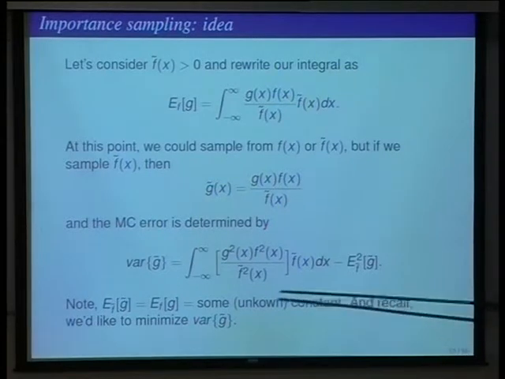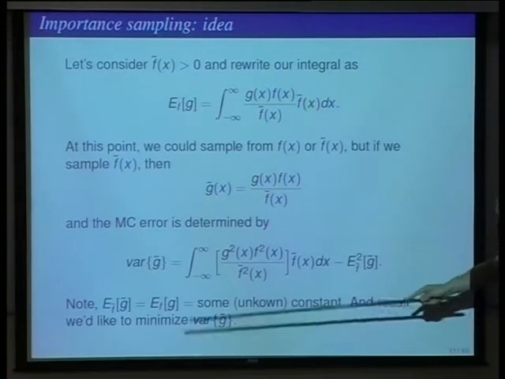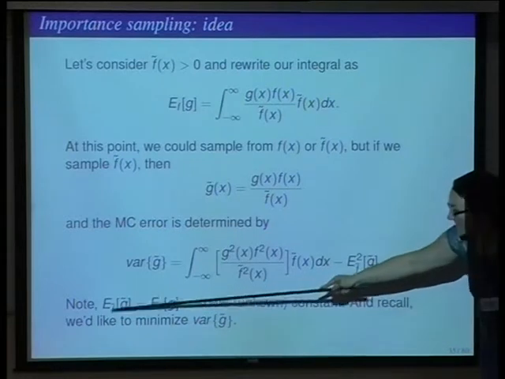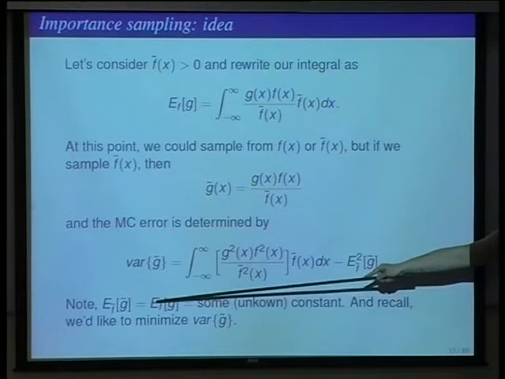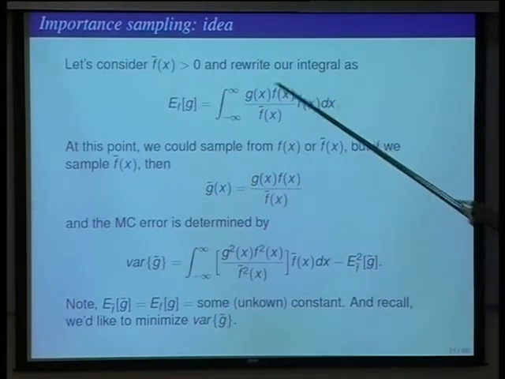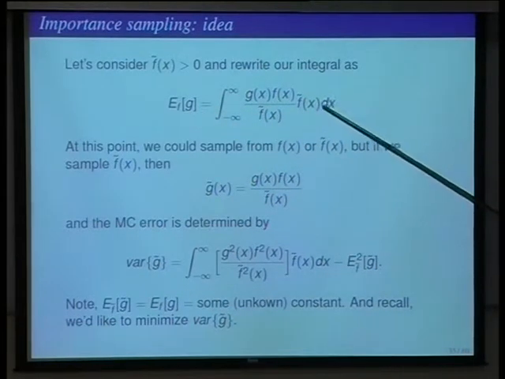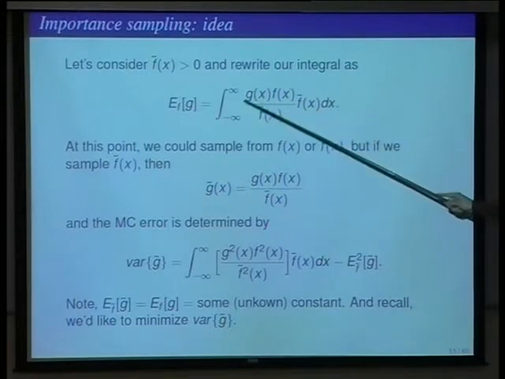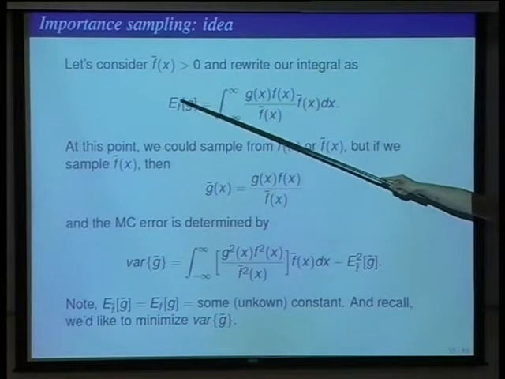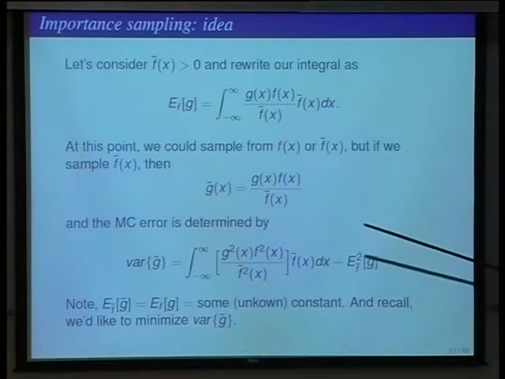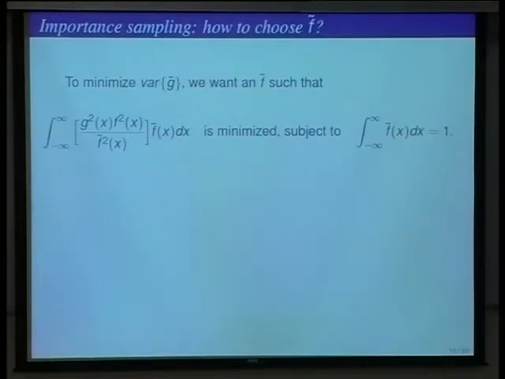Right, but keep in mind, I've said this already, but this is really important, the expectation with respect to F tilde of G tilde is the same as the expectation with respect to F of G, and that's all from this statement. Right? If this is G tilde and I sample from here, I can get this expectation of G tilde with respect to F tilde. Okay, so we want to minimize the variance of G tilde.